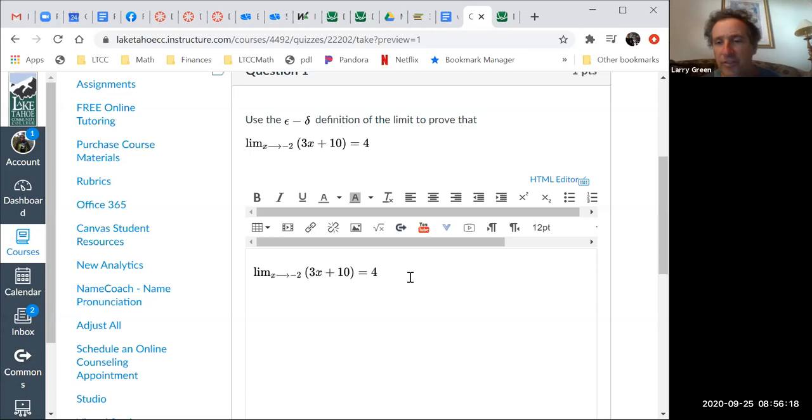And backwards, remember, says that the absolute value of f of x minus L needs to be less than epsilon. So if I write that, f of x is 3x plus 10, and L is 4. So let me pop it in here.